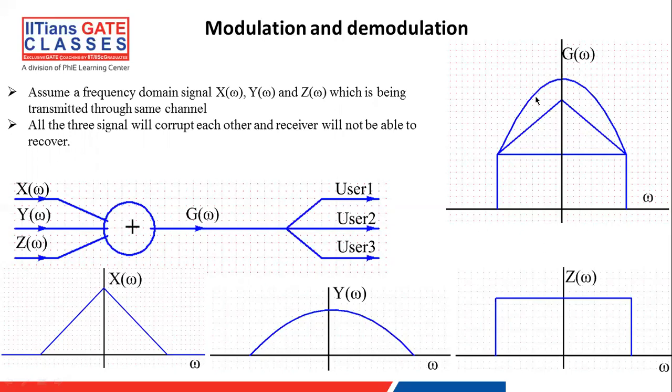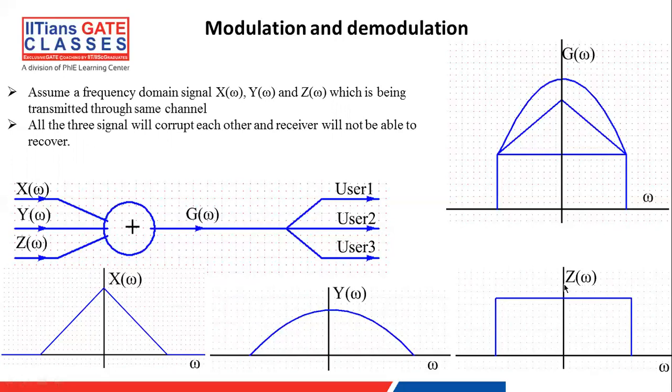But from this signal, user 1 wants to get back X, and he cannot, because here it got interfered by Y and Z. Y and Z are interfering with X, and because of that, user 1 will not get back X of omega. Similarly, user 2 will not get back Y of omega, and user 3 will not get back Z of omega, because all these three are interfering with each other.